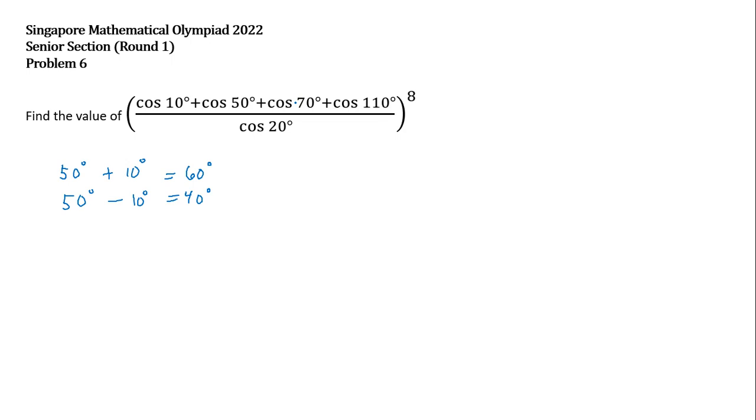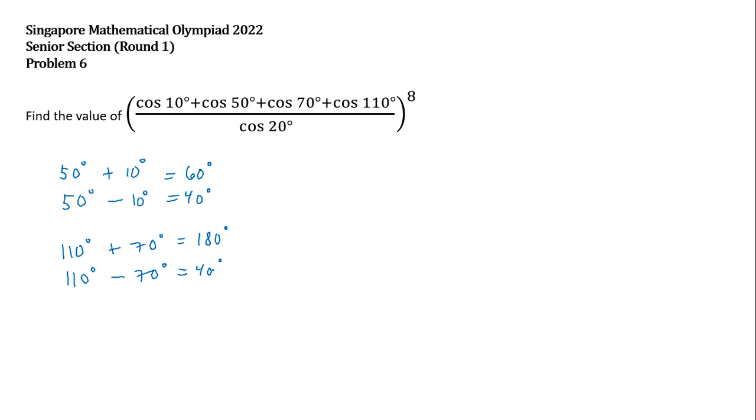Okay. Now what if we pair up 110 and 70? So we have 110 degrees plus 70 degrees. So that's 180 degrees, multiple of 30. Now if we subtract, the result is 40, again a multiple of 20. Okay, so what does this tell us?